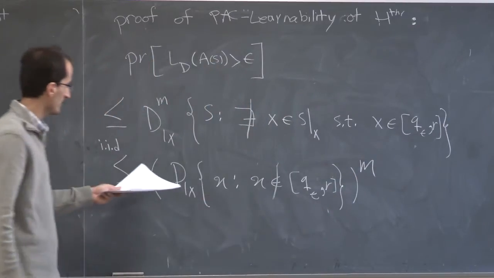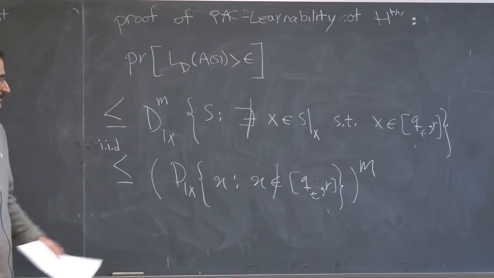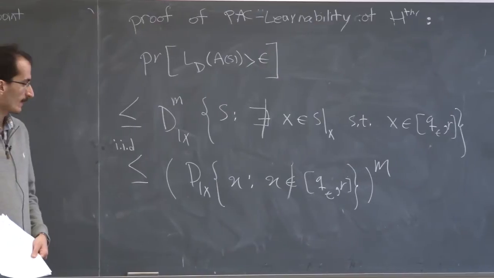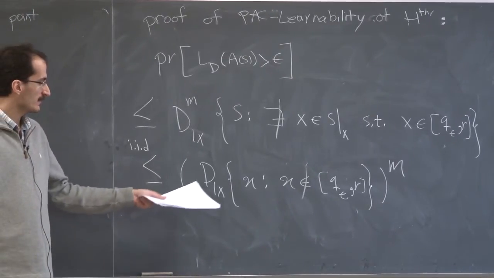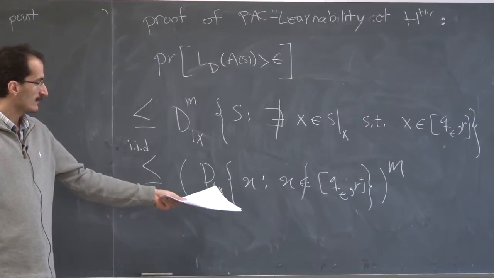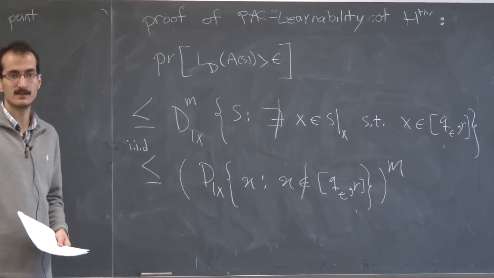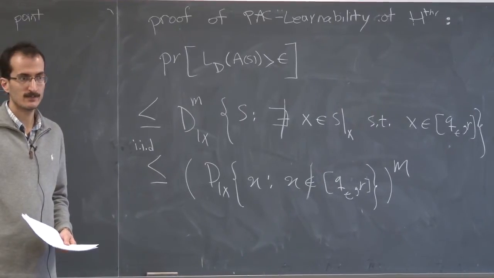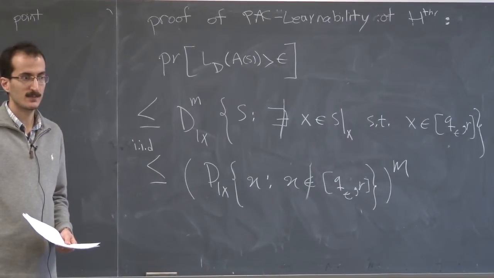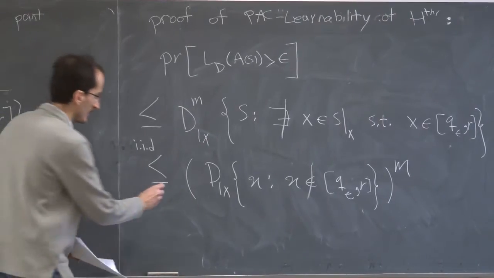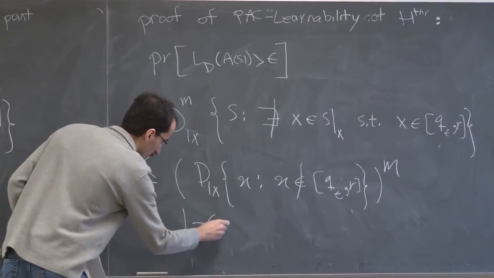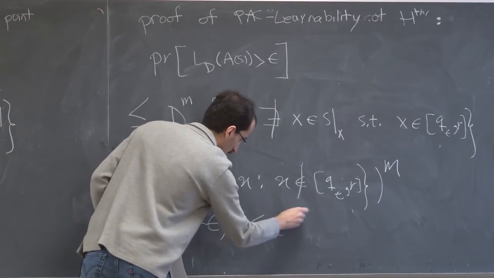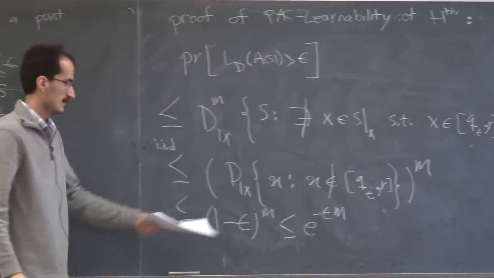We multiply the probabilities together, so that's where the power comes from. And between the parentheses, we have the probability that we don't hit that interval. And we have shown that it's smaller than 1 minus epsilon, which is small enough.